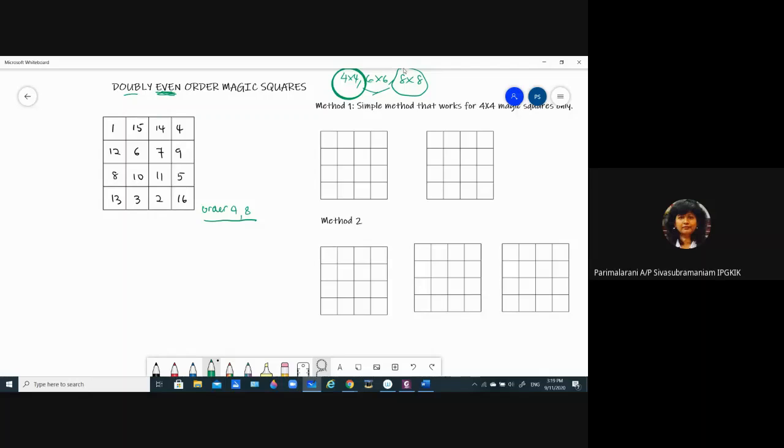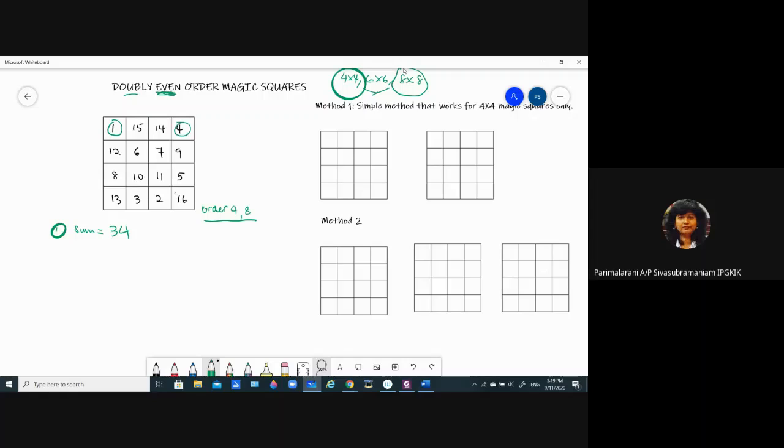What is the total of each row, column, and diagonal? The sum of each row, column, and diagonal is 34. If you add all the numbers in each row, each column, or each diagonal, you will get a sum of 34. How about these numbers?